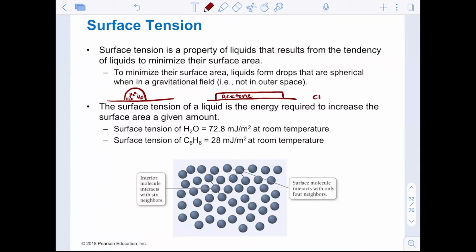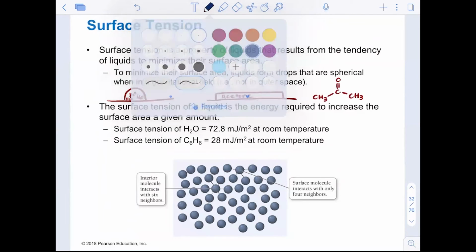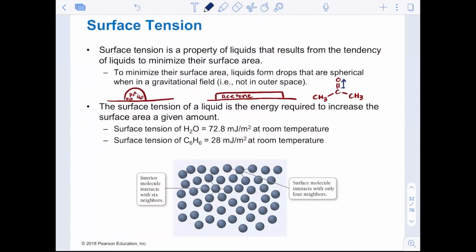Remember, acetone was this shape. It had a polarity, but it's not hydrogen bonding. This has dipole-dipole interactions, where hydrogen bonding exists in water. And so the surface tension is going to be directly correlated with the intermolecular forces.